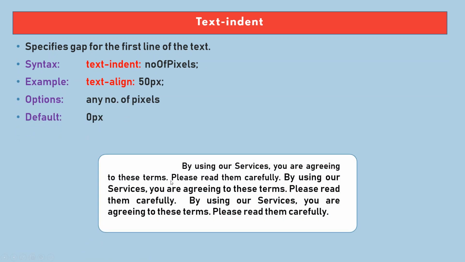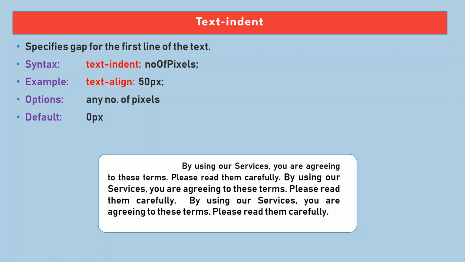In case you want to display the text in this format, where the first line of the paragraph should be started a bit wide, then we have to apply text indent. Even though we apply the text indent for the entire paragraph, it maintains the gap only for the first line, not for the second line onwards.